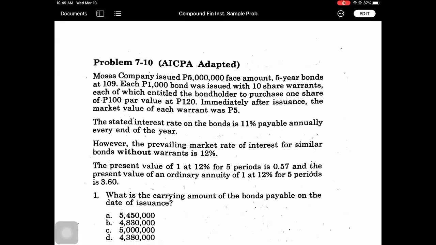Yes. Pag convertible bond siya, before you convert the bonds, dapat i-update nimo ang carrying amount. Let's say for example, year 3 gi-convert ni holder.